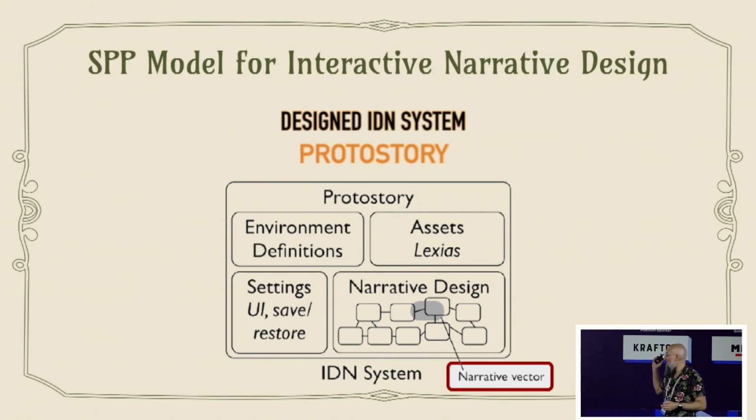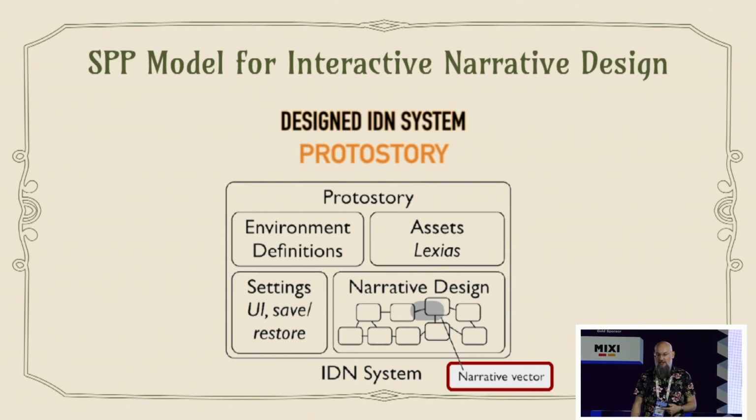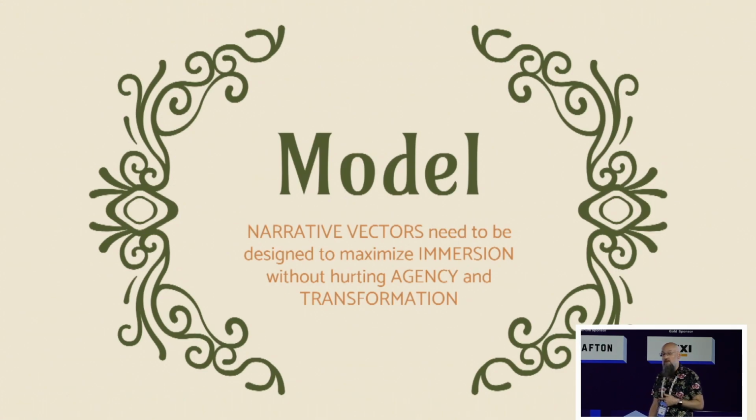And then a big component of the proto-story is this narrative design. And in narrative design, one component, and this can take many forms, but one component is what Dr. Kunitz calls a narrative vector. And that's what I'm going to be talking about for the rest of this talk.